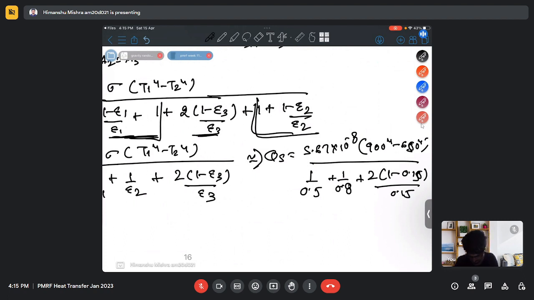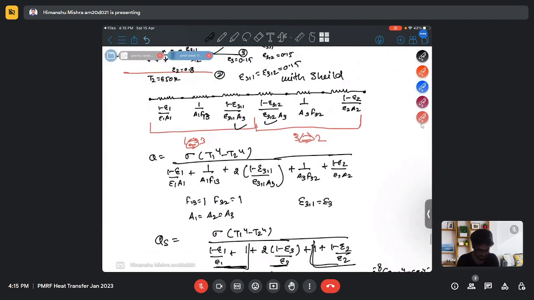So on calculating this, I will get with shield 1857 watt per meter square. This is my heat transfer with shield.